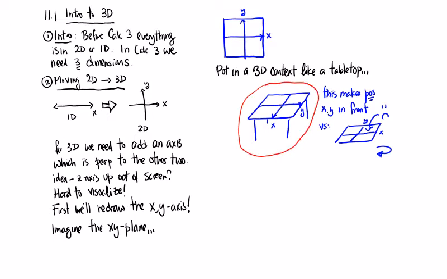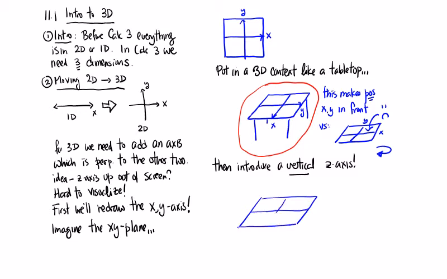Then we'll create a z-axis that goes vertically. So we'll introduce a vertical z-axis. In other words, if we go back and draw this table again, right now I'll draw it without the legs.